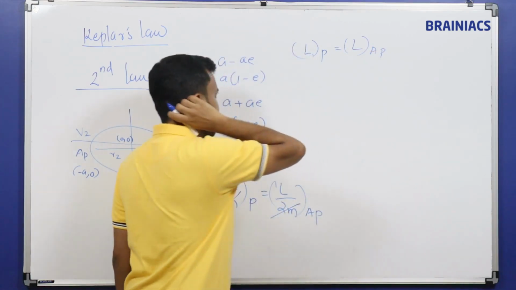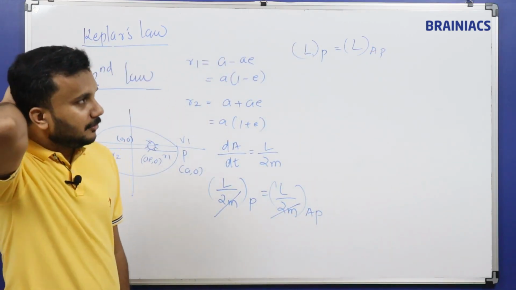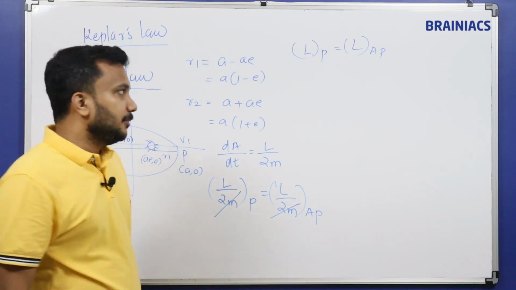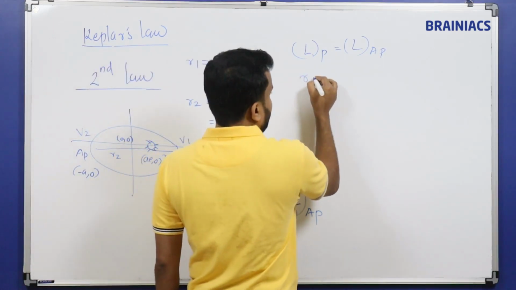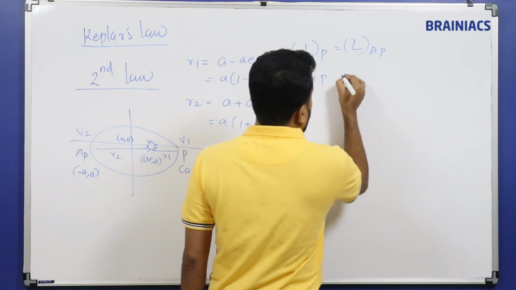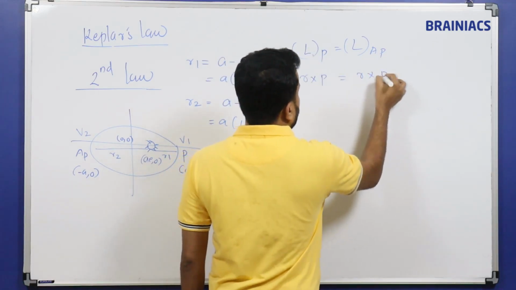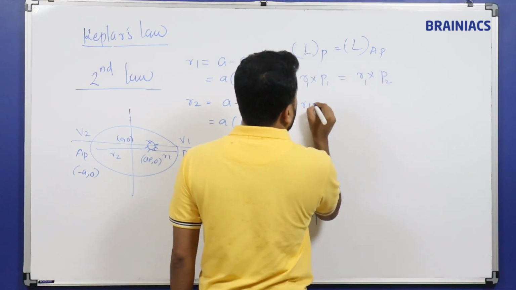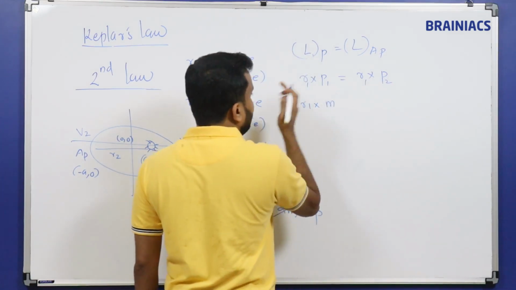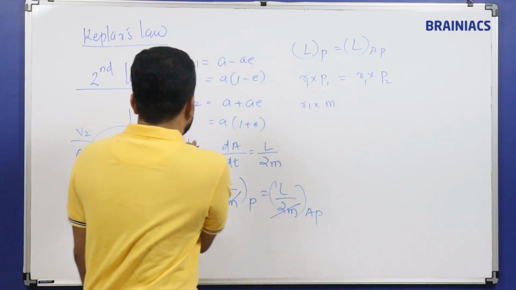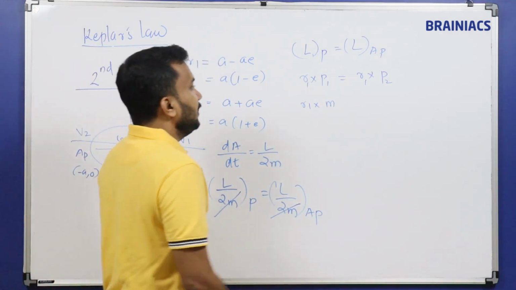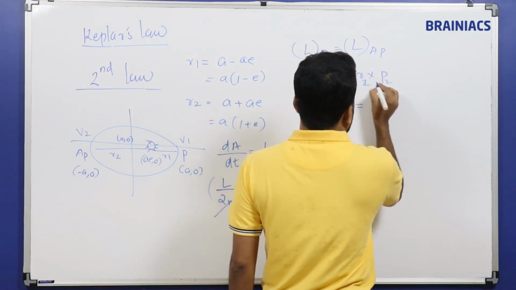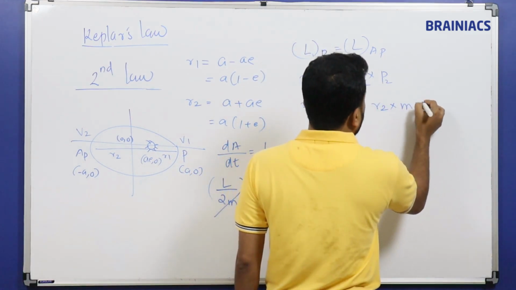What is angular momentum? Angular momentum in rotational motion we will study, and this angular momentum is R cross P, or RP, we can say. So R1 P1 equals R2 P2. So R1 into P1 means the linear momentum into the distance R1. The mass of the satellite is constant, speed is V1. So here it is R2 into M into V2.